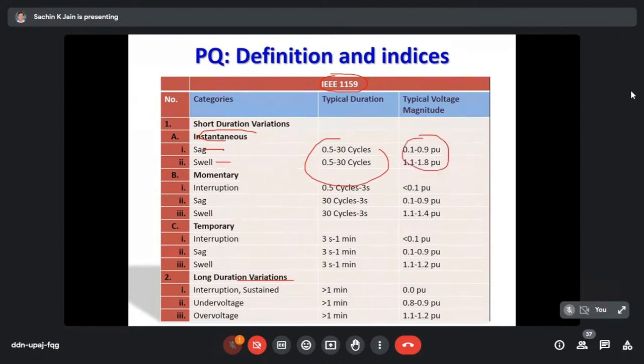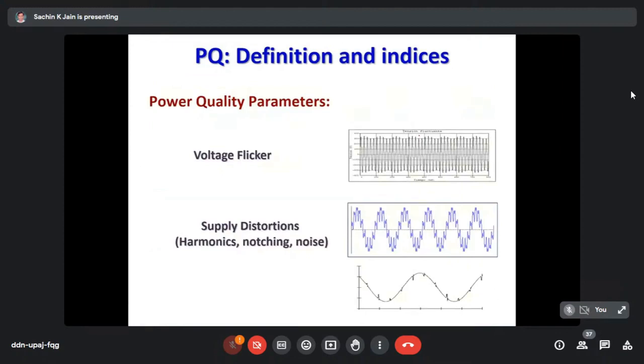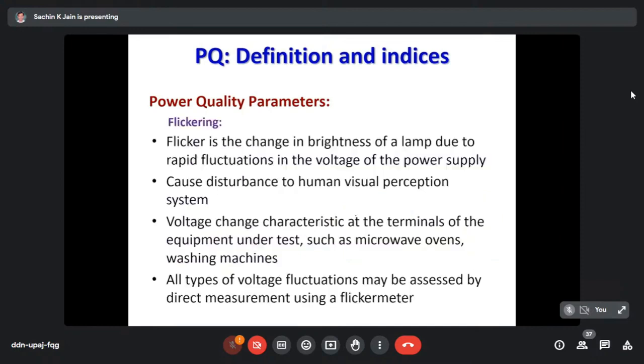From this you can get the information, so I'm not discussing it. Other parameters are voltage flicker and supply harmonic distortions, for example notching, noise, or harmonics. They also constitute your power quality concerns.